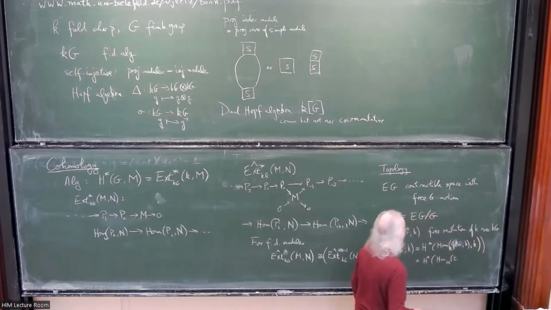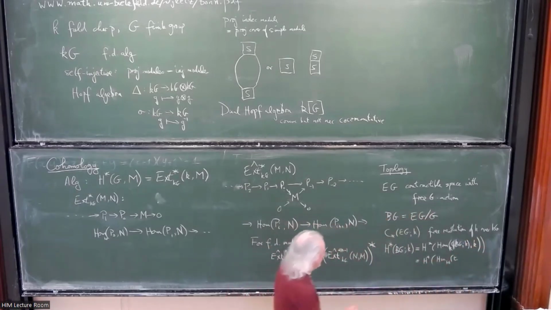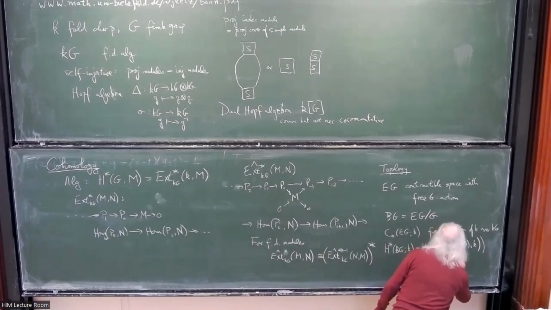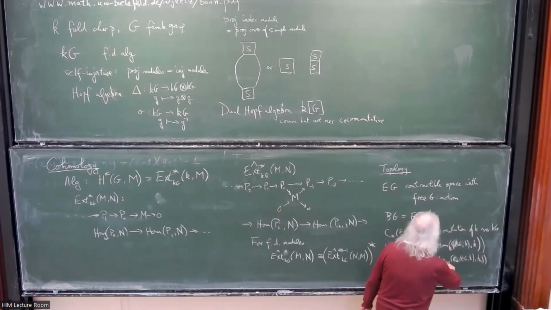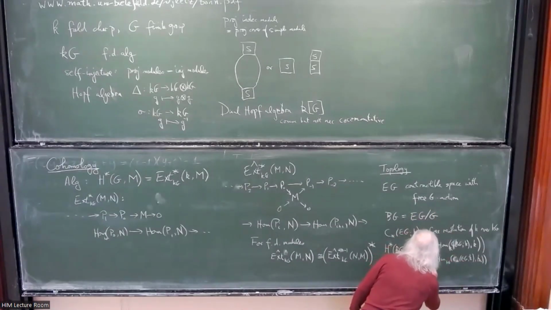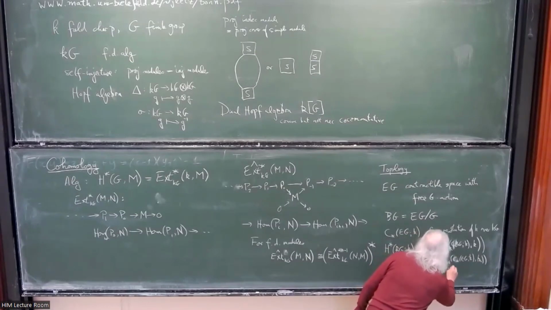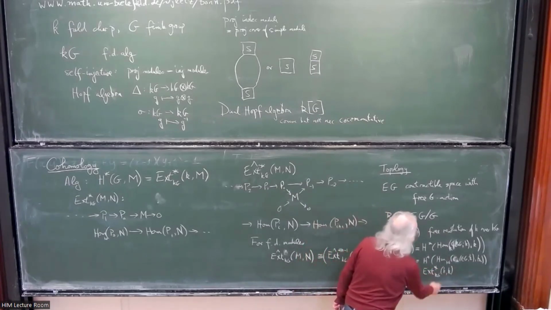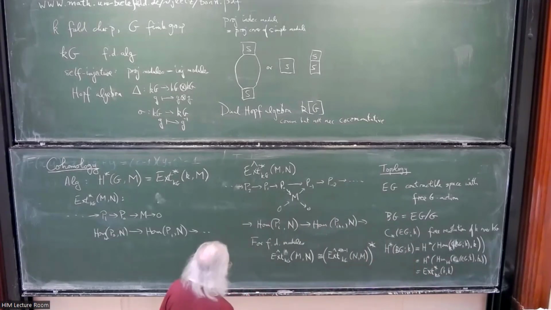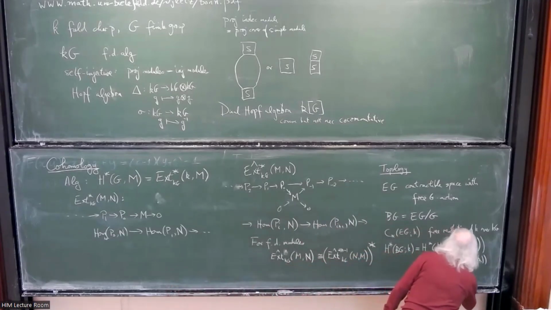That's why I didn't have enough brackets. Good. So Hom KG of chains on EG, K into K. And now you're just taking Homs of a free resolution into K, so that's Ext KG of K, K. So the cohomology of this space is actually Ext over the group. So that's actually what we usually write as cohomology of the group.